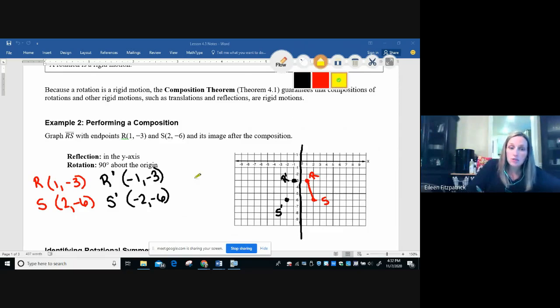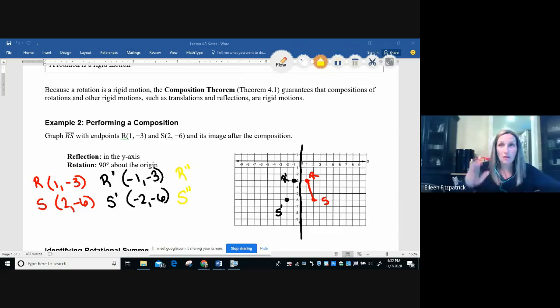Okay, the next transformation is a rotation of 90 degrees. So we have to think about the rule for rotations. If you need to look above in your notes, you can, or think about the Post-it note. Think about turning that Post-it note so the smiley face goes from the first quadrant to the second quadrant. What is happening? Okay, so the rule for rotation of 90 degrees, and I'll just write it up here. You're going to have (x, y) maps onto (-y, x).